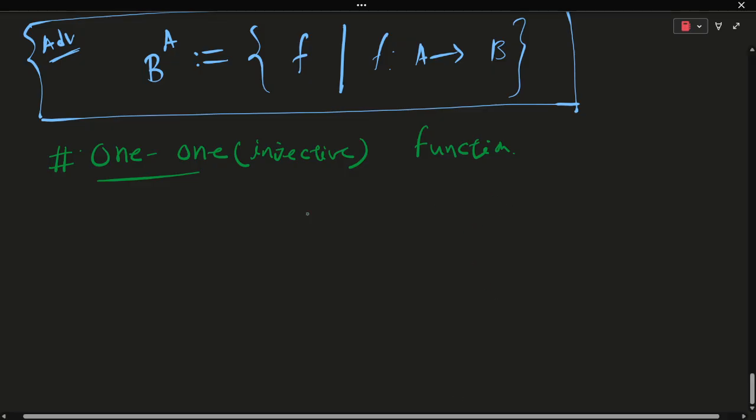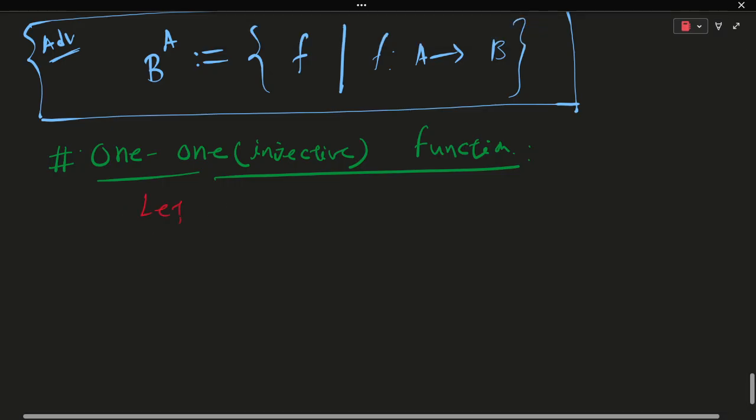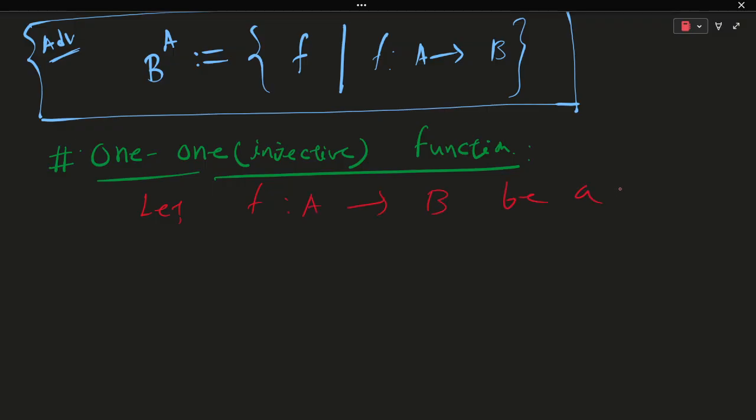One-one function or injective function. Let f from A to B be a function.